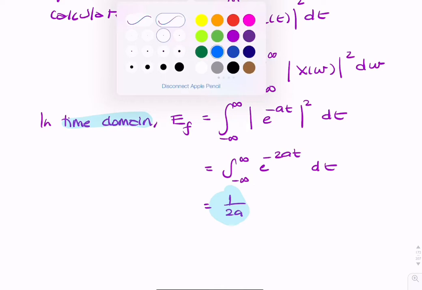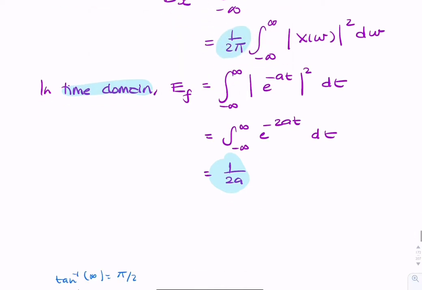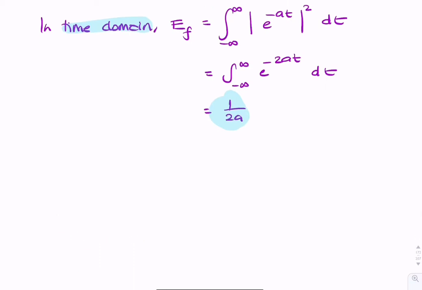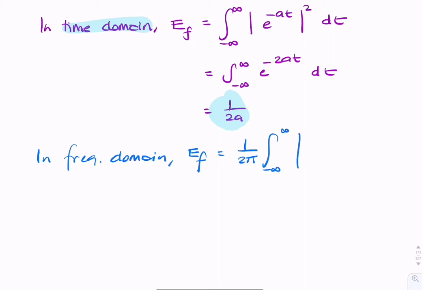Now we need to demonstrate that the energy in the frequency domain is the same. So in the frequency domain, remember we had 1 over a plus j omega, squared, d omega.